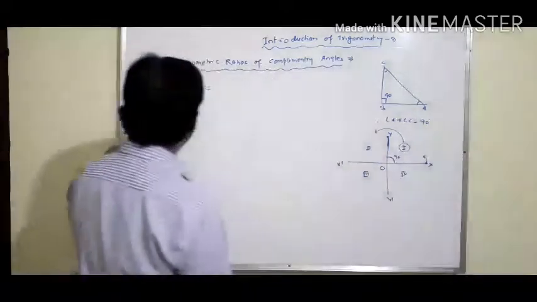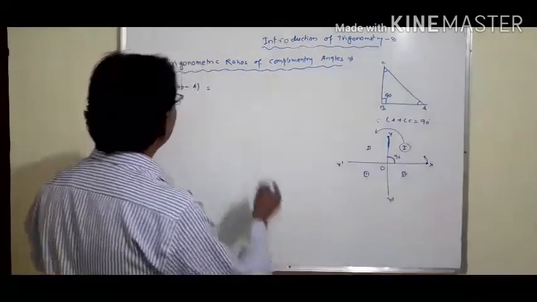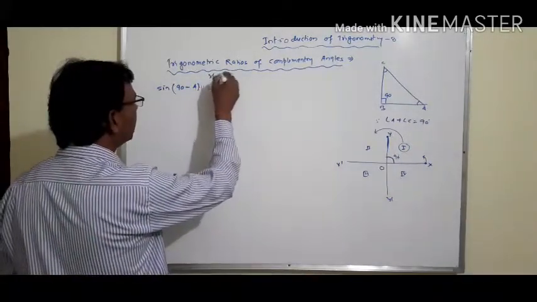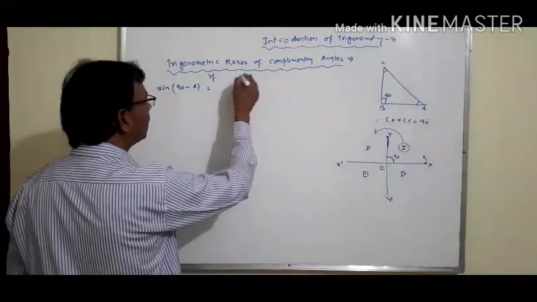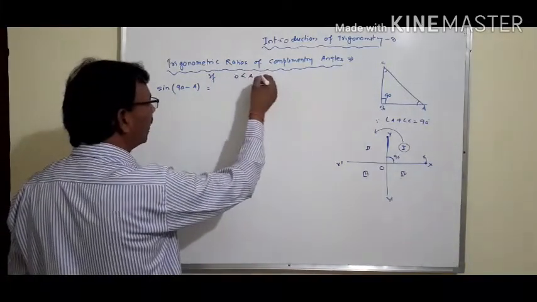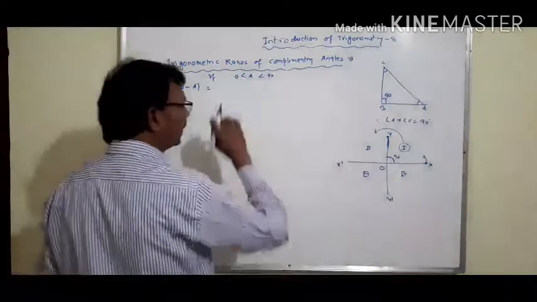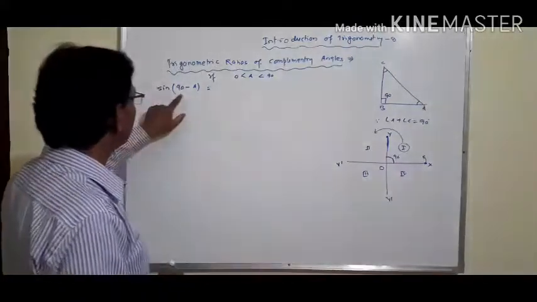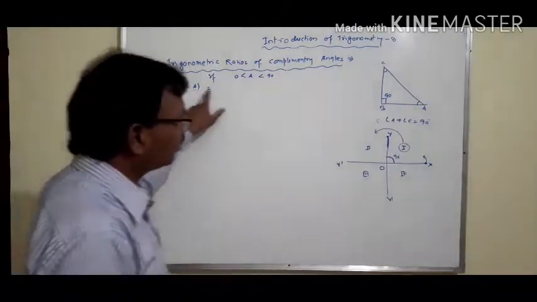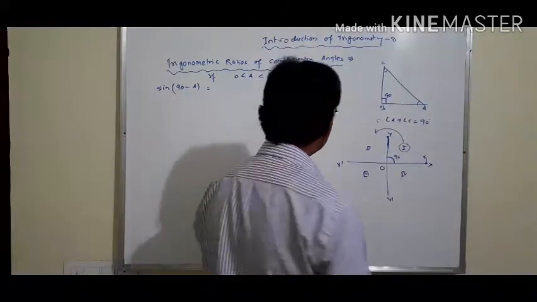Now you can see here 90 minus A, where if angle A lies between 0 and 90, that means greater than 0 but less than 90, then the position of that particle will be in the first quadrant.